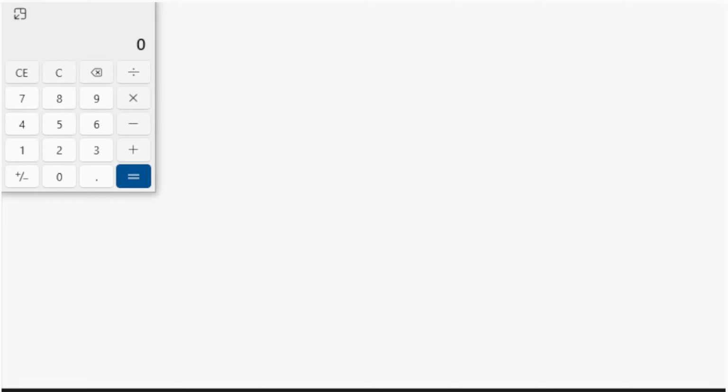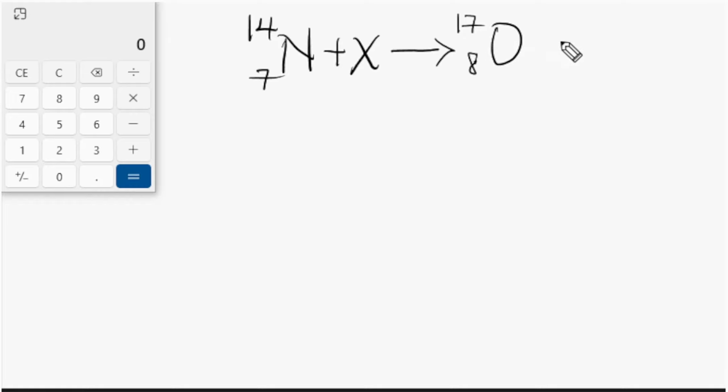So in this reaction, we have N indicating a mass number of 14 and an atomic number of 7, and then plus X to give us oxygen with an atomic number of 8 and a mass number of 17, then plus a proton.